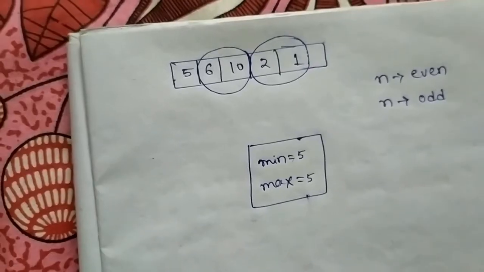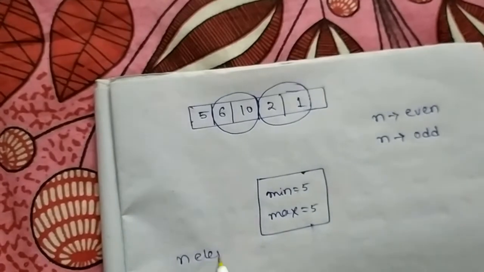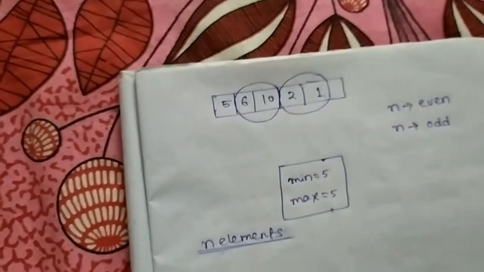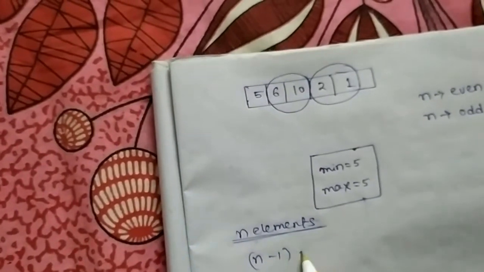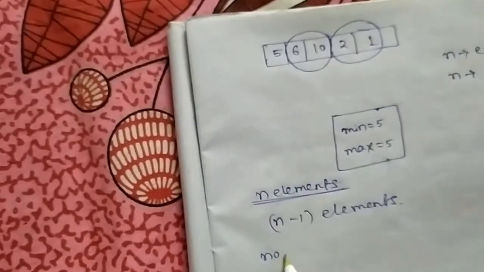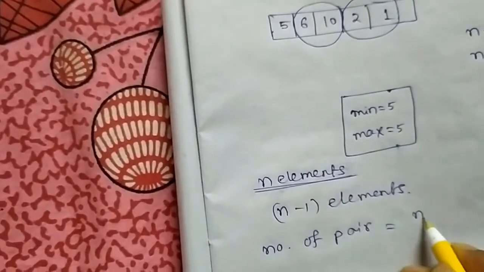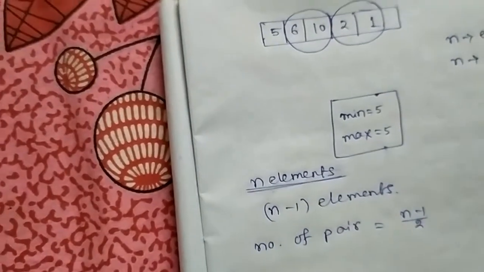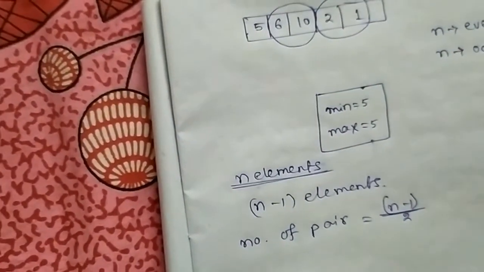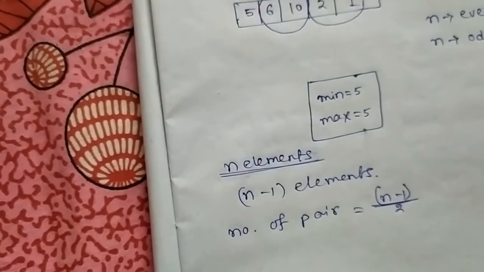So here when I have n elements, I make pairs out of n minus 1 elements. So the number of pairs is (n minus 1) divided by 2. And for every pair I am making 3 comparisons.